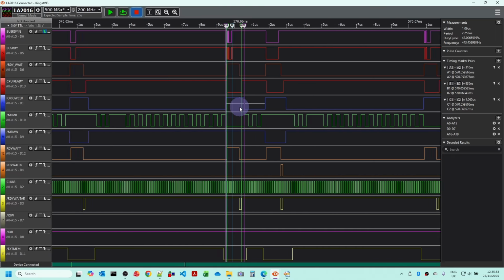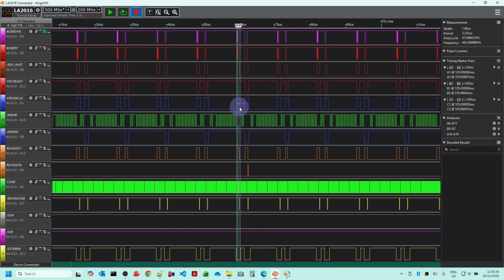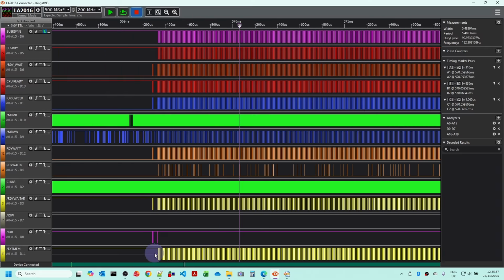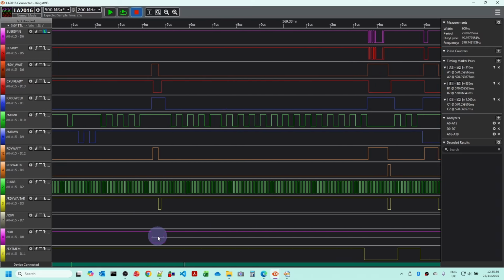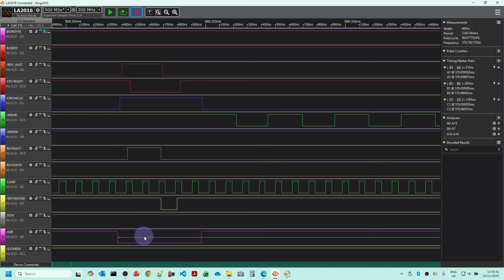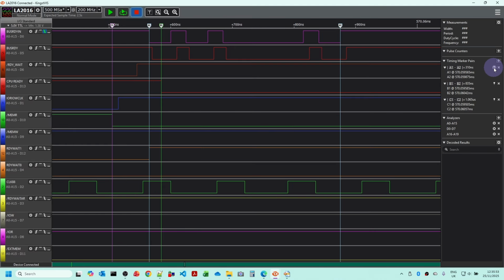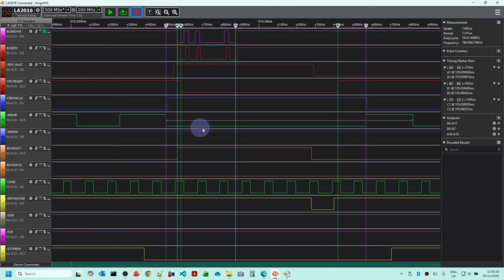So if we have a look at perhaps one of the other signals knocking around here, an I/O read for example, the I/O read is extended beyond the normal read period by the wait states. But if you look at the top right hand side up here, this is about 600 nanoseconds for an I/O read, whereas the memory read for the video RAM is in fact about 1.06 microseconds.